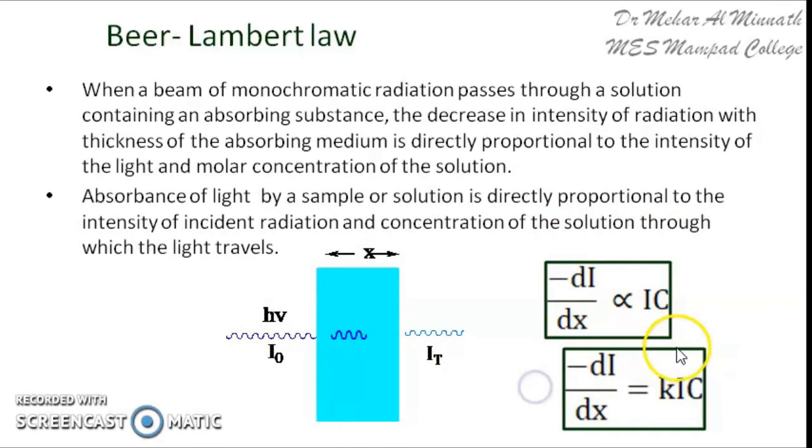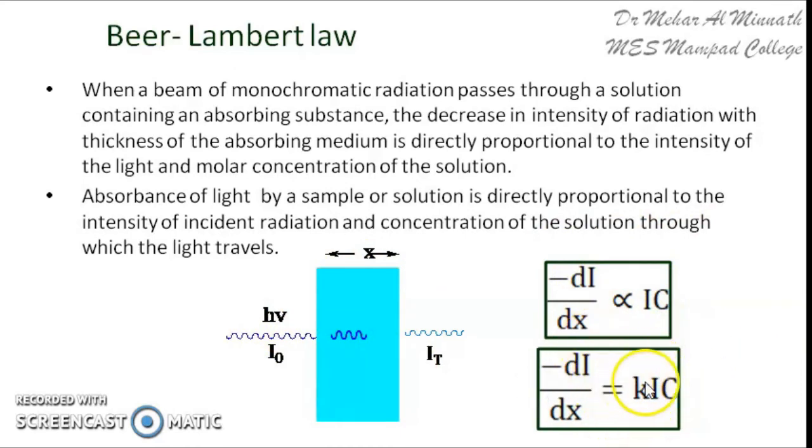You remove the proportionality sign, you introduce the term K, where K again is the absorption coefficient. So this is the Beer-Lambert law, a combination of Beer's law and Lambert's law. It gives us the relation between absorbance, intensity of incident light, and the concentration of the solution through which the light passes.